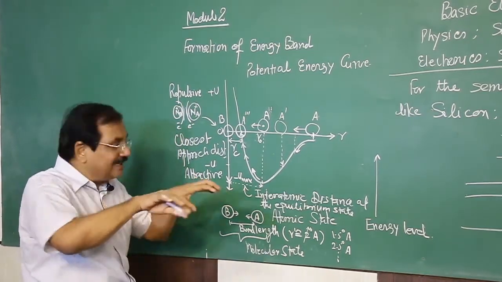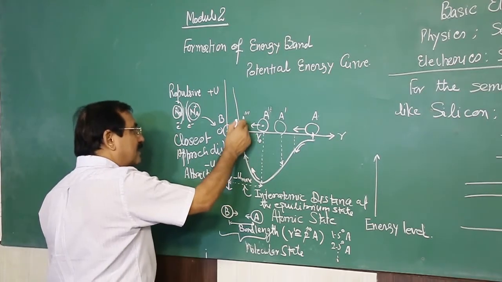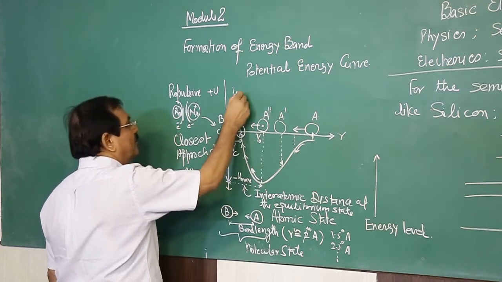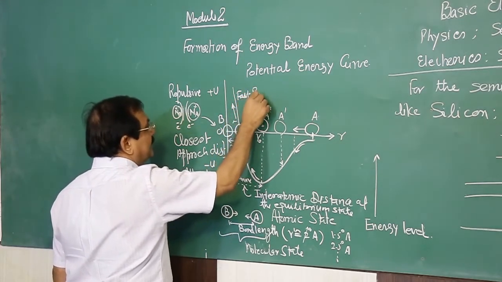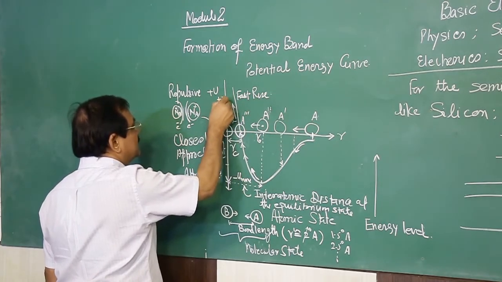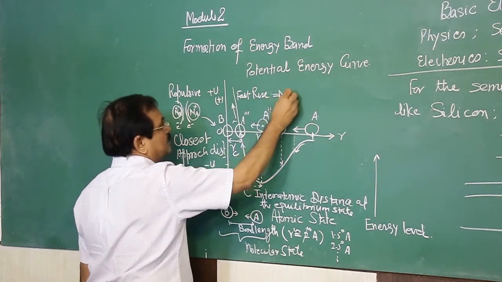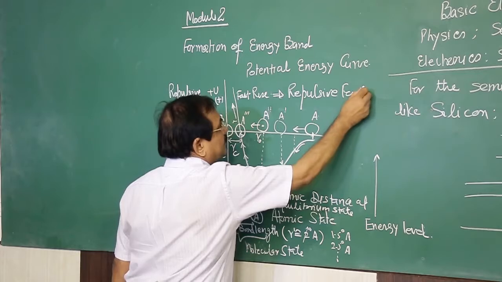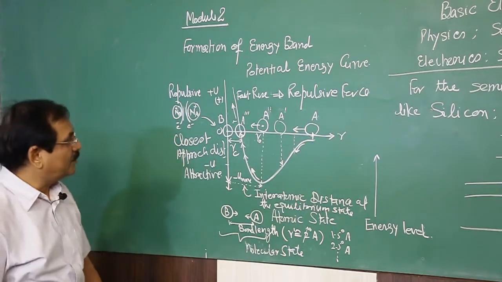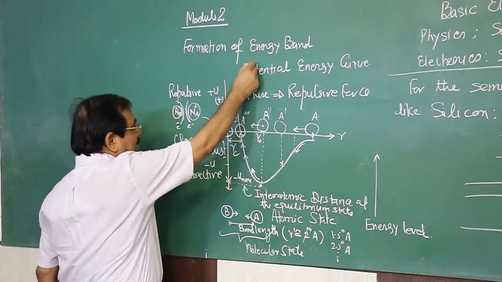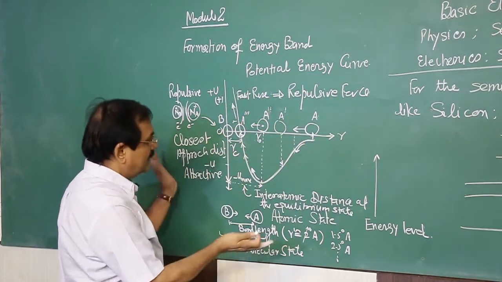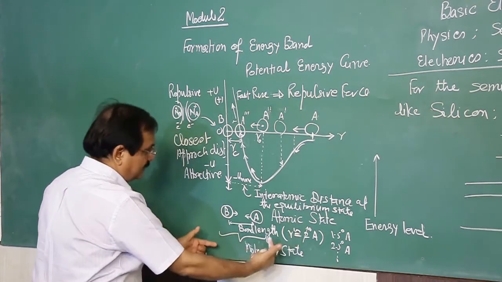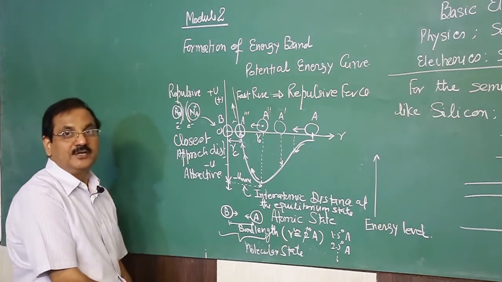So, these create a repulsive force, and as you come closer, there is a fast rise in the curve in the positive direction, which produces repulsive force, this is the positive energy. So, this potential energy curve defines how two atomic states are converted into the molecular state.